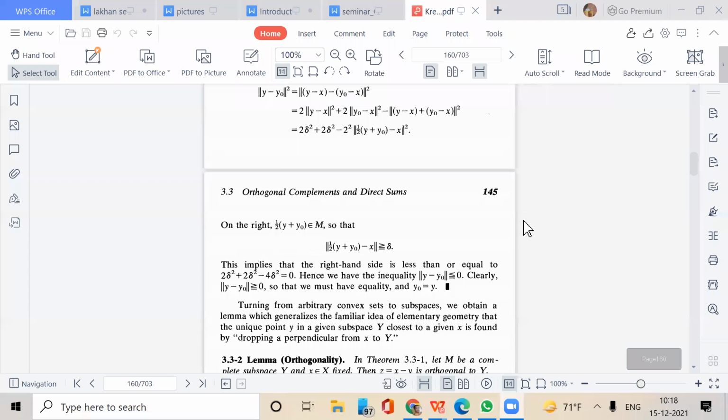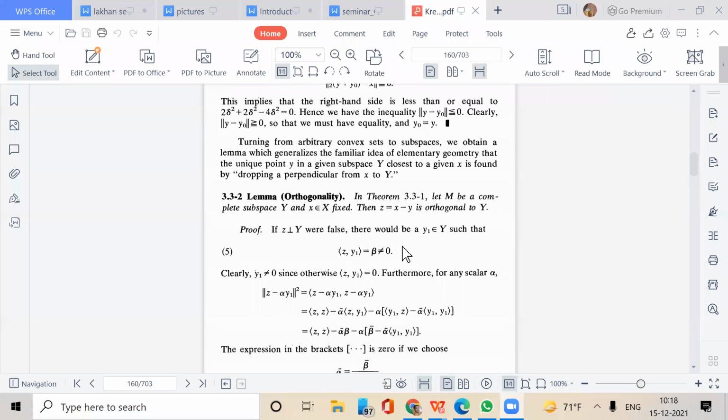In this theorem, we had X as the inner product space and M as a convex subset. Now let Y be a complete subspace of X and x belongs to capital X fixed.